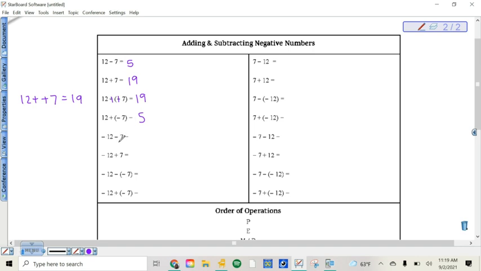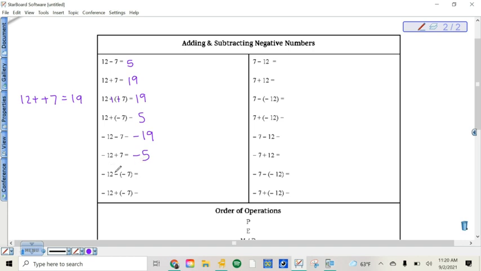Okay, negative 12 minus 7. Negative 19, right. So I have 2 negative numbers combined together becomes more negative. Okay. What about negative 12 plus 7? Yeah, negative 5. So I just start at negative 12 and I go to the right 7 to negative 5. What about negative 12 minus negative 7?